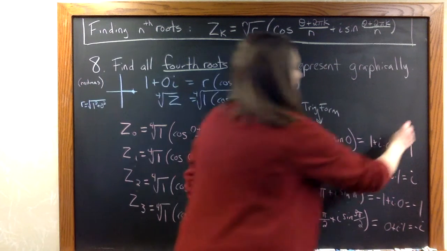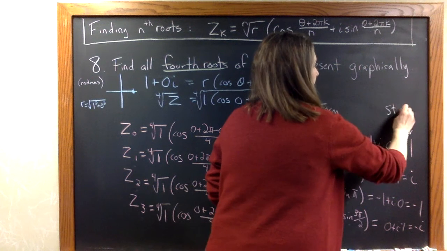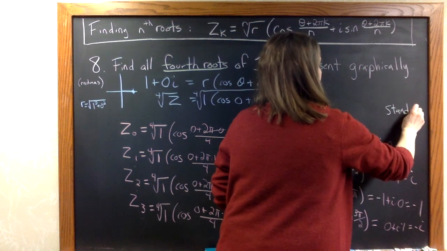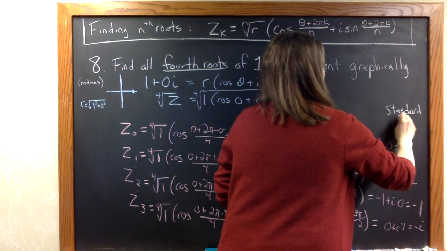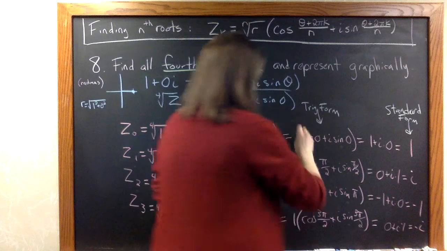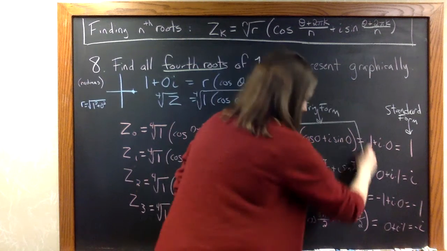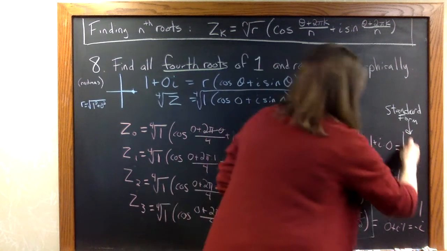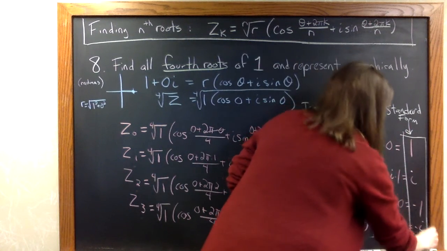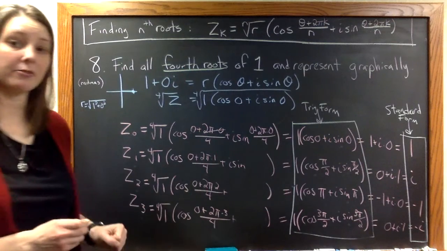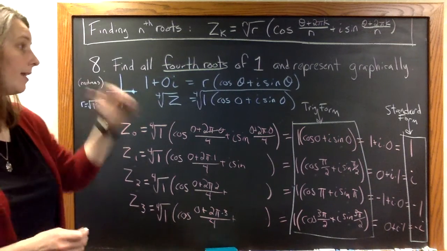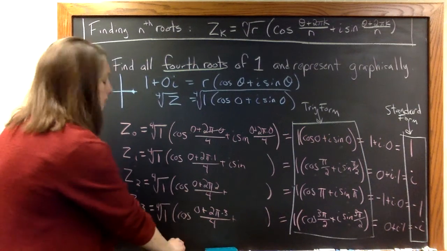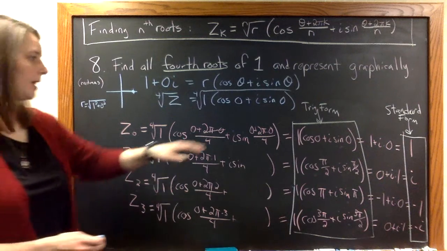So these are your answers in standard form. So 4 answers in trig form. Those are the same 4 answers in standard form. The last thing that it asked us to do was to represent these graphically.